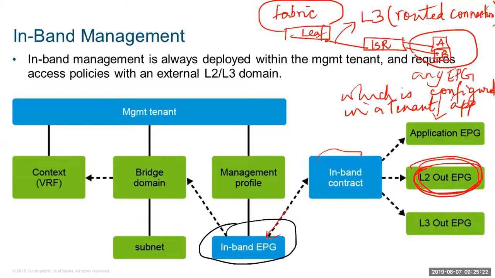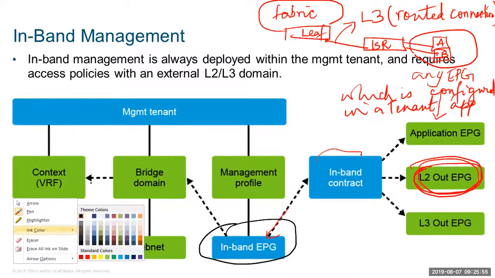So you've got to configure some interface on the APIC which has this particular VLAN encapsulation configured for the in-band EPG. And on the leaf and spine switches, you'd have to create in-band interfaces. You can do it through the command line, or of course the other way would be the GUI.